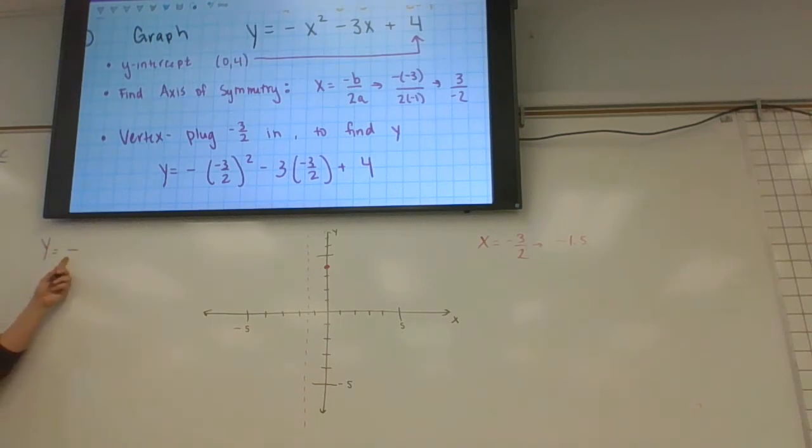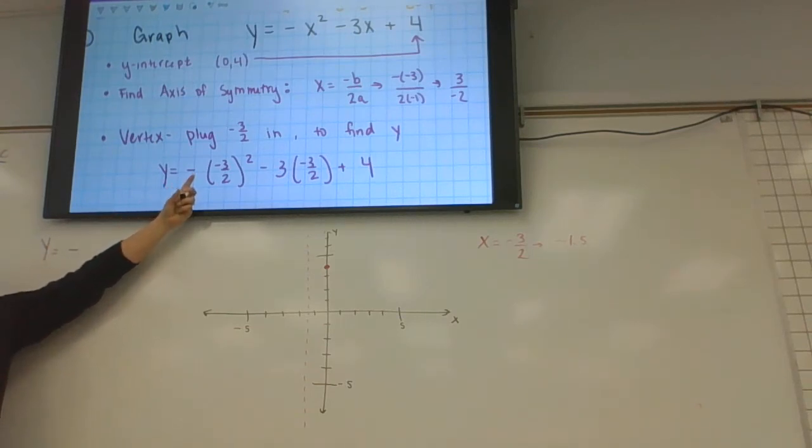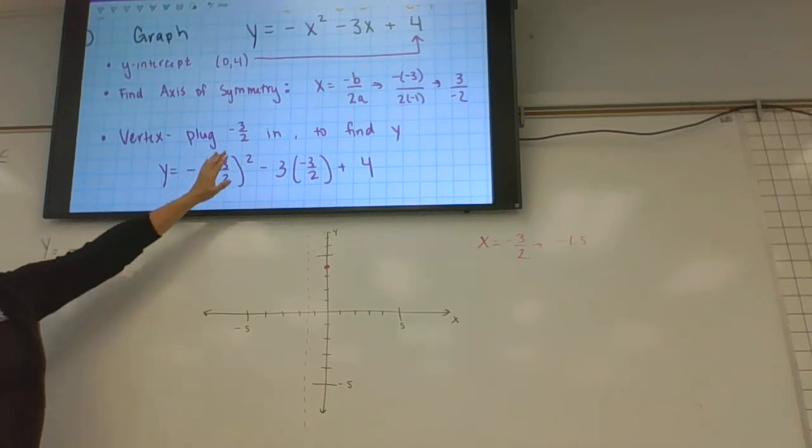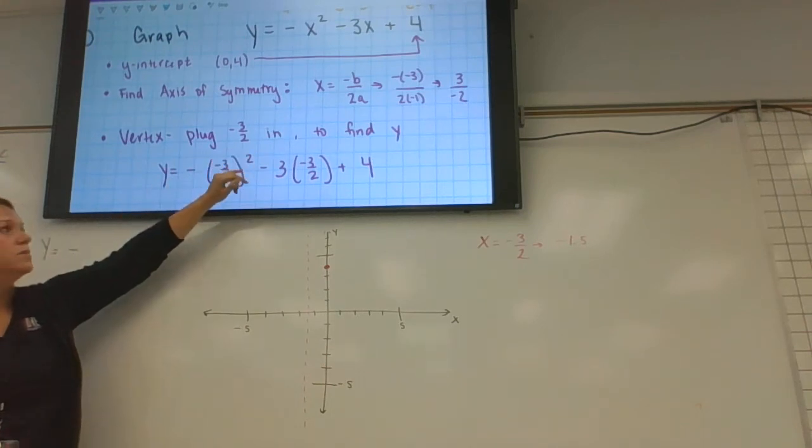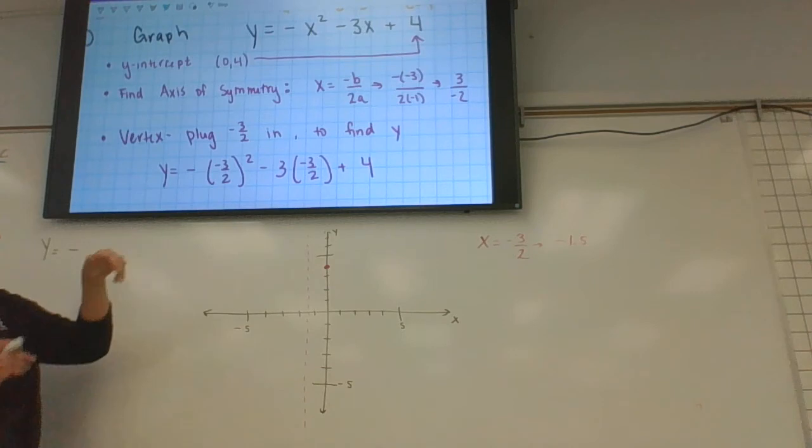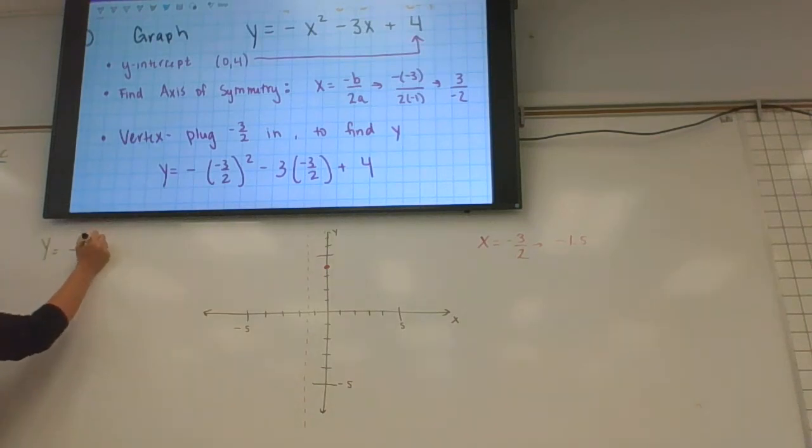So I'm going to keep the negative sign in front. I ignore it. It stays in front. I'll square this. Squaring a fraction, square the top, square the bottom. So that's going to be 9 over 4. Negative 3 squared is a positive 9. 2 squared is a 4.